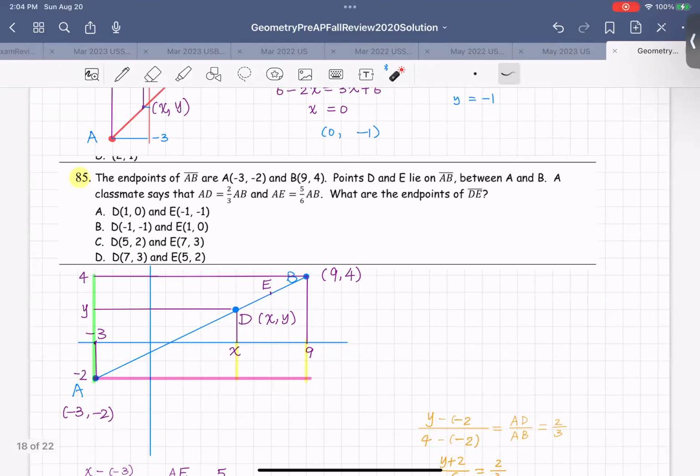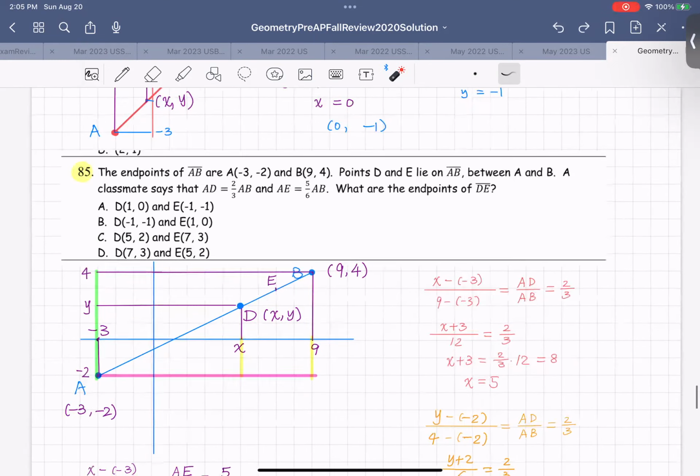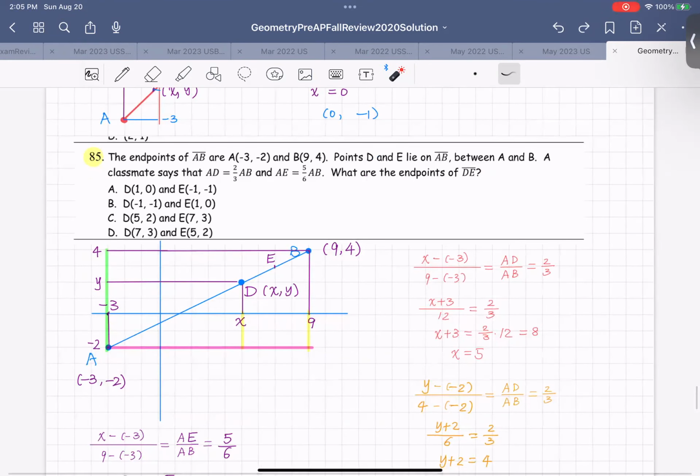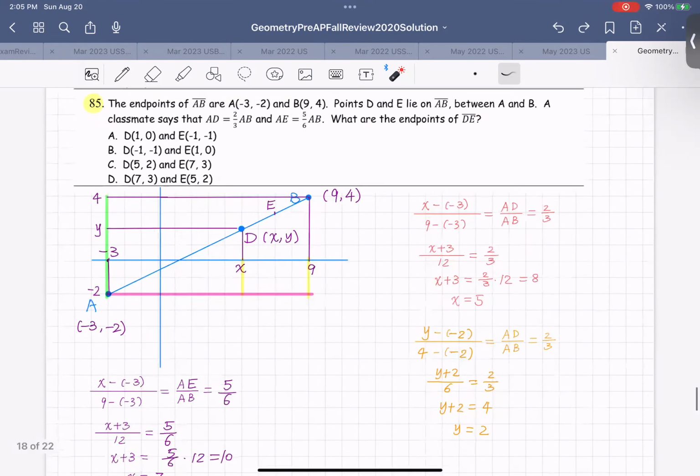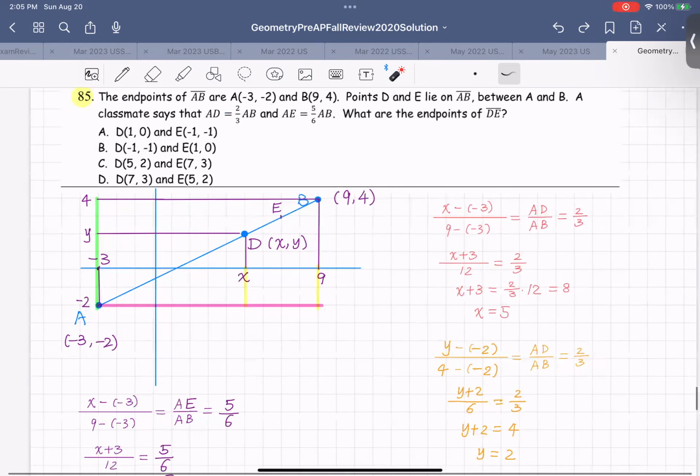Anybody have any idea? Look at here. This is how to derive the formula. You want to know the real reason so that when the question changes, you still can get it.